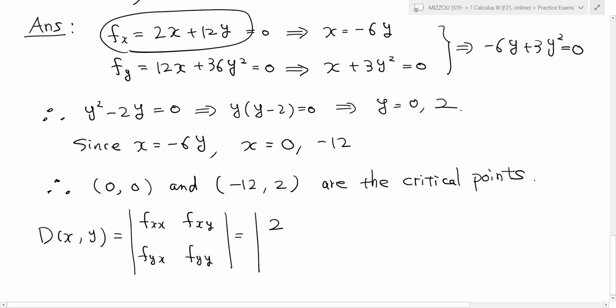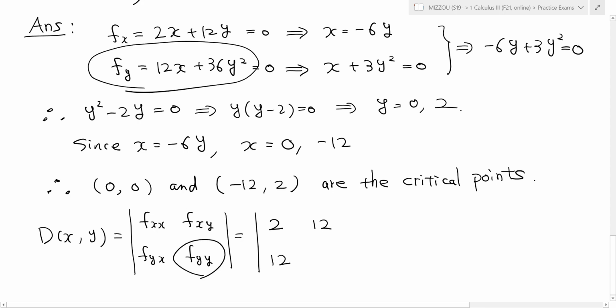Then differentiate with y, you get 12. The third is the same as this one, 12 again. Remember, f xy is the same as f yx. And finally, you differentiate f y with y again, and you get 72y.